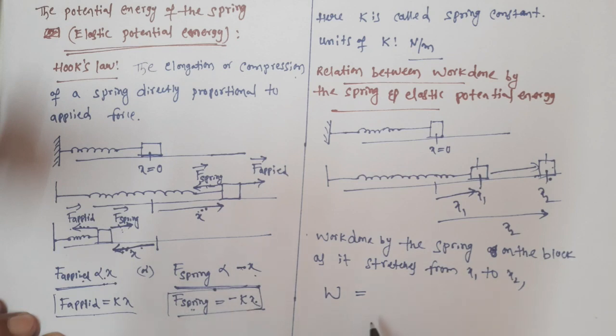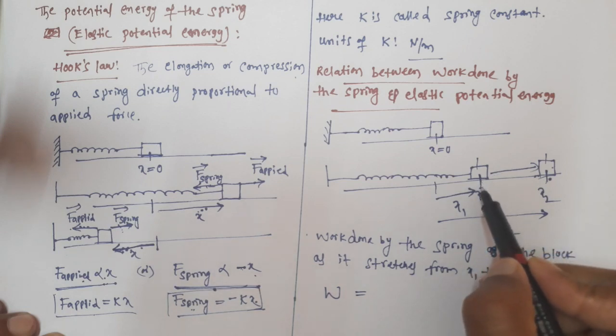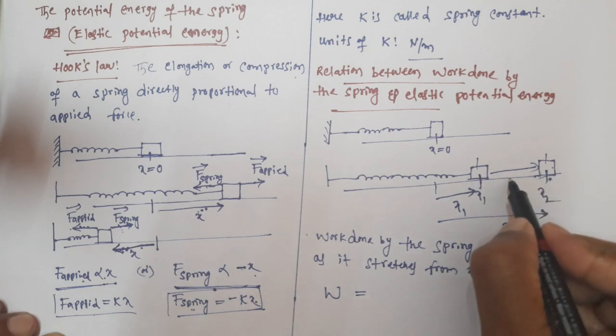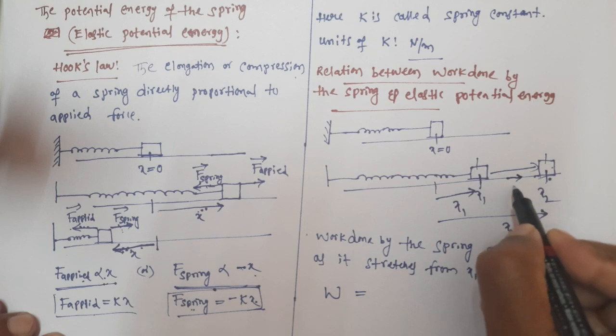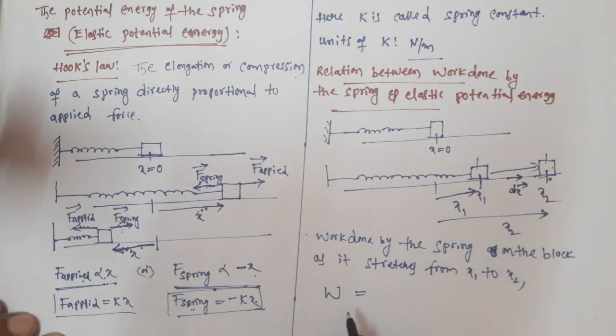Now can we use the formula, the scalar product of force and displacement, directly? No, because the force is not constant from x1 to x2. But take a small displacement dx bar. For that small displacement, the force is constant.